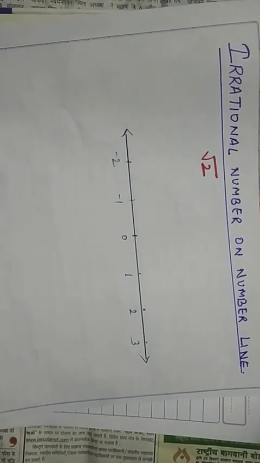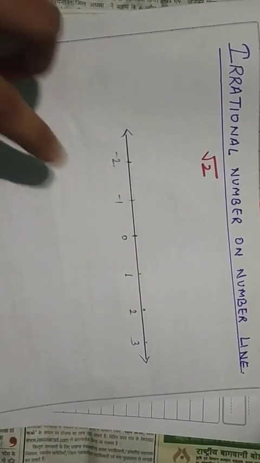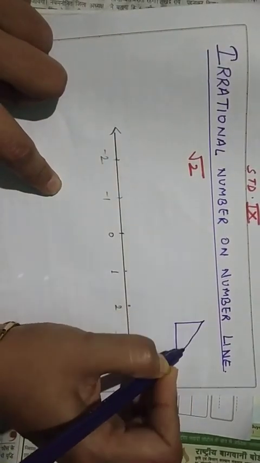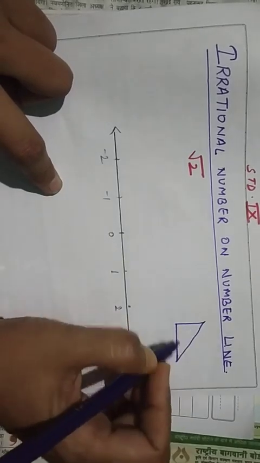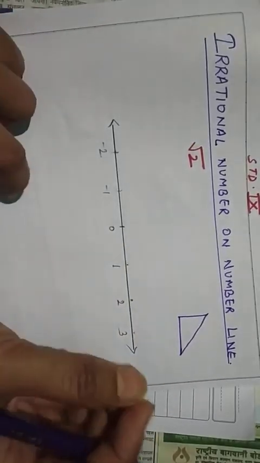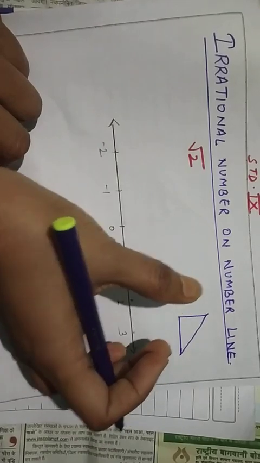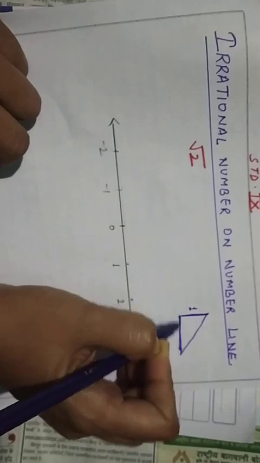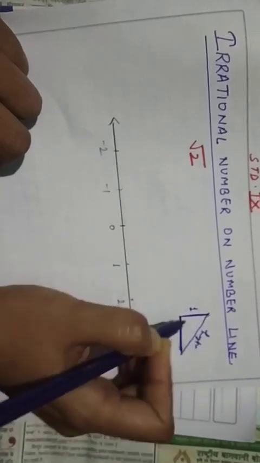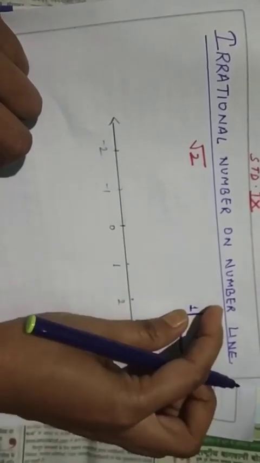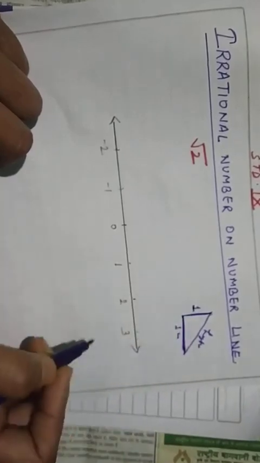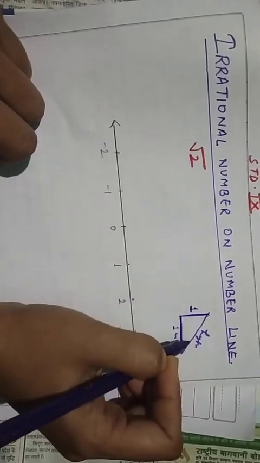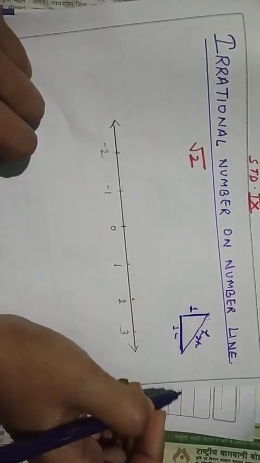For this I want to make you understand. Suppose this is a right triangle and you have to show where the length under root 2 will come. Suppose this side is the perpendicular, this is the base and this is the hypotenuse. If this length is 1 centimeter, or you can take 1 unit, then according to the Pythagoras theorem, what will be the length of this hypotenuse?